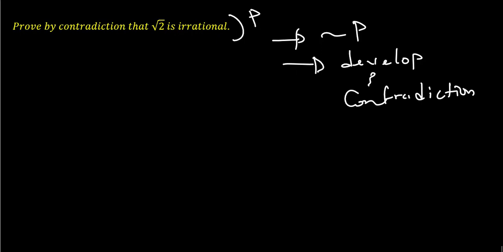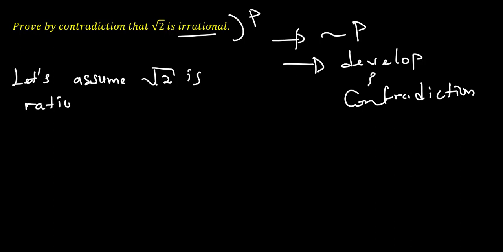The first thing is, this is our statement, and we have to assume that this statement is not true. Now we develop the assumption that we have made and verify if we are going to get a contradiction. Since we are trying to prove that root 2 is an irrational number, the assumption will be: let's assume root 2 is rational.